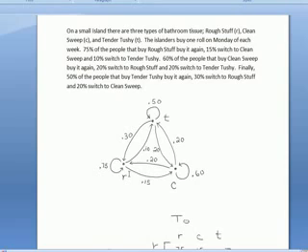Now, 60% of the people that buy Clean Sweep are going to buy it again. 20% of those people are going to switch to Rough Stuff, and 20% to Tender Tushy. Finally, 50% of the people who buy Tender Tushy are going to buy it again. 30% switch to Rough Stuff, and 20% switch to Clean Sweep.